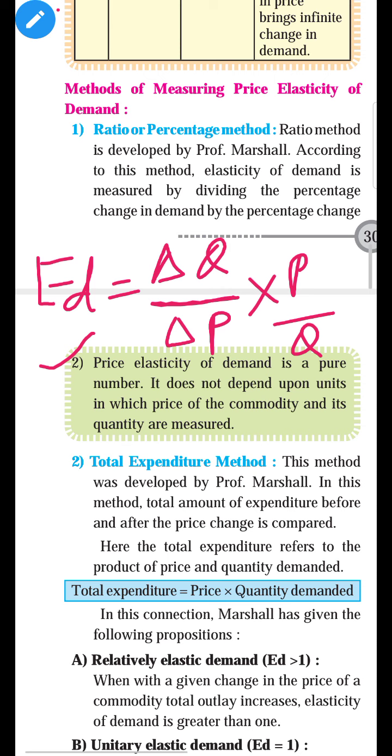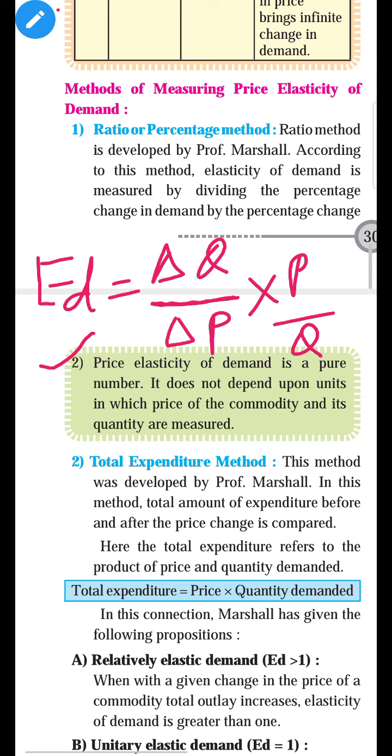Why is it called percentage? Because when the price changes from 10 rupees to 20 rupees, it is almost double, which means the price changed by 100%. So it is known in percentage form: 10 rupees to 20 rupees, price increased by 100%.